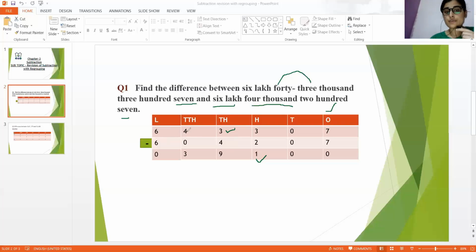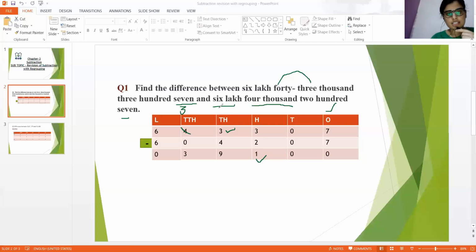We will take carry over from 4. So we will write 3 in 10,000s place instead of 4, because we have already taken 1 carry from 4. If we take away 1 from 4, it is left with 3.